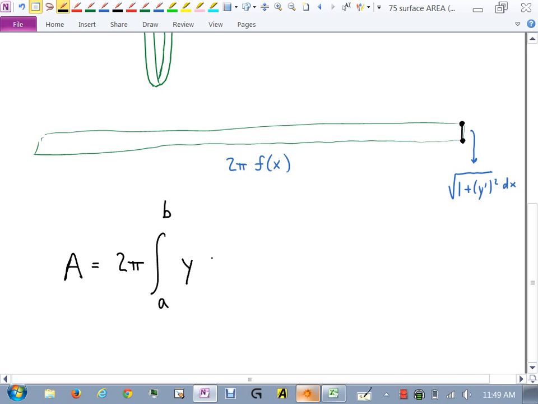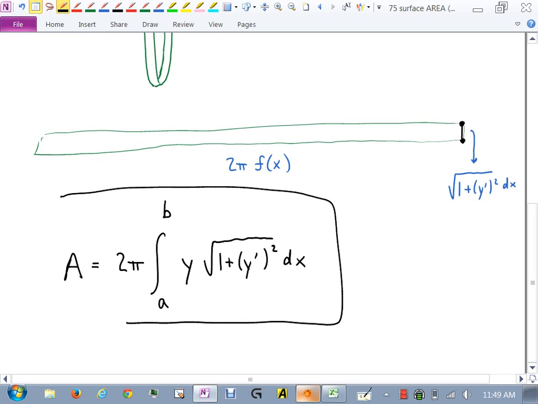So y times the square root of 1 plus y prime squared dx. Y is f of x. Good? Understand?